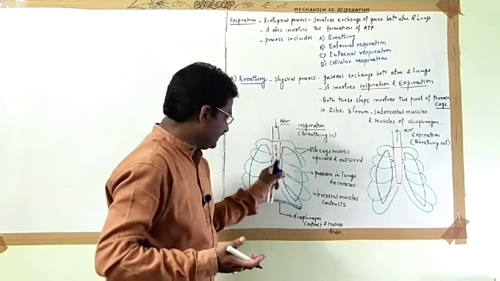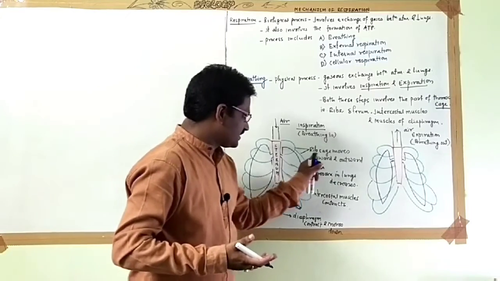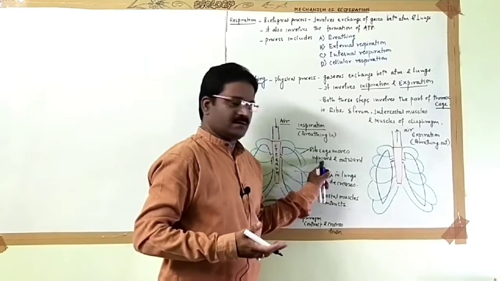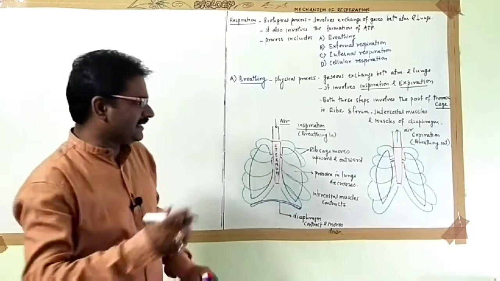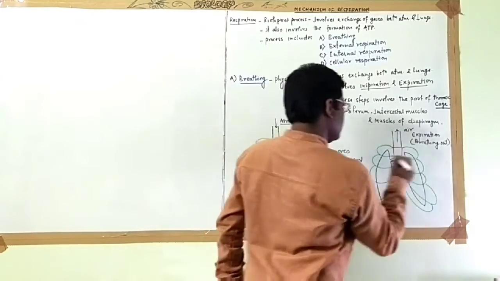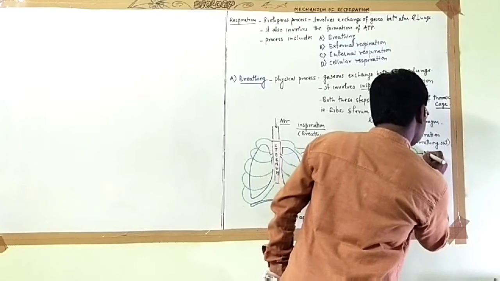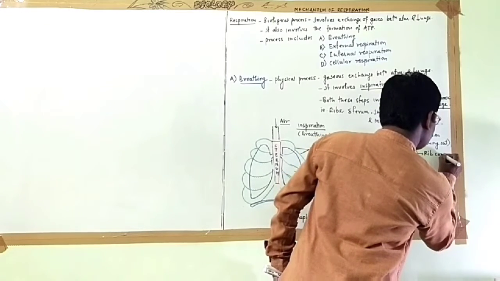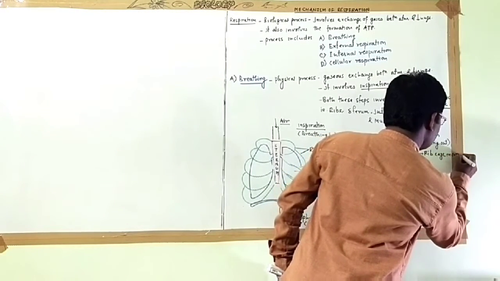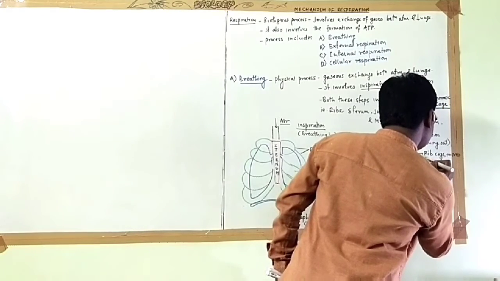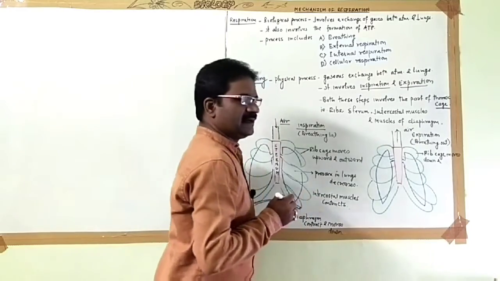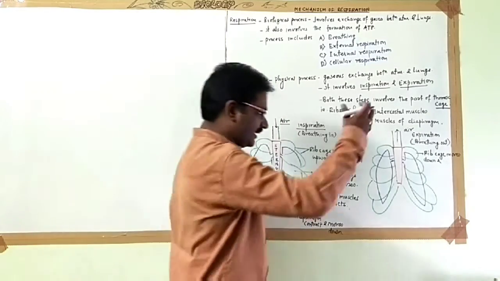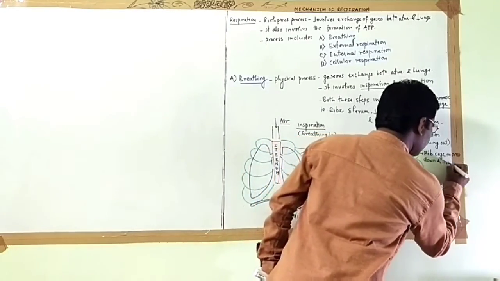In case of inspiration, the rib cage moves upward and outward. Here the rib cage moves down and inward. Rib cage moves down and inward. Okay, down and inward.